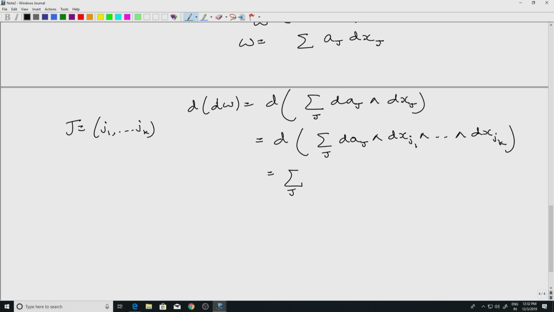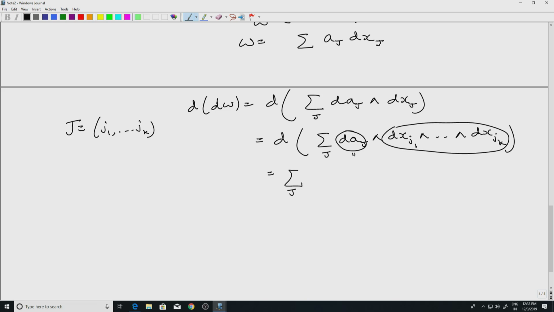So the first term will be, let's regard this as a one form, and let's regard these two as alpha and beta. Then I'll get d alpha wedge this plus alpha wedge d of this remaining stuff.